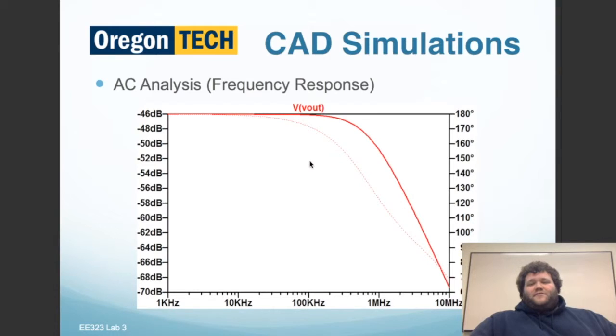This is necessary to find the unity gain bandwidth frequency, which in this case can be found by -46, if you go down 3 dB, gets you about -49. When we did a cursor, which is not on here, we found precise values, and it comes out to about 1.1 megahertz for our unity bandwidth frequency.